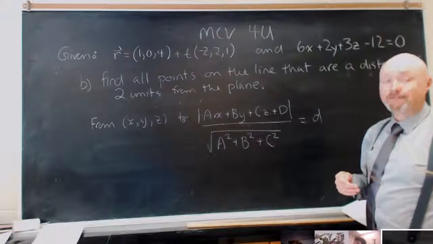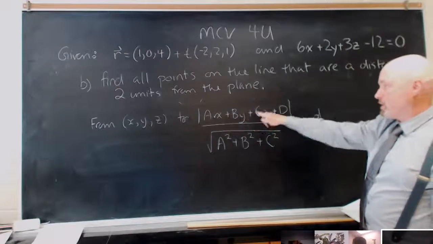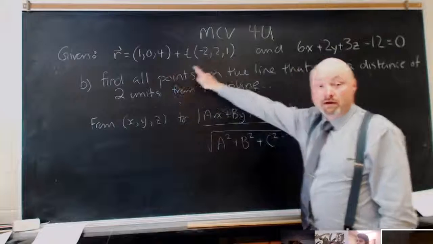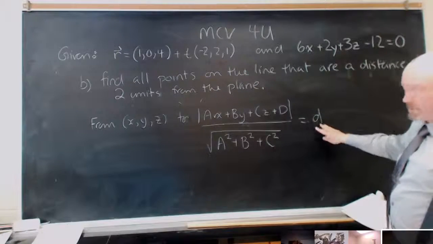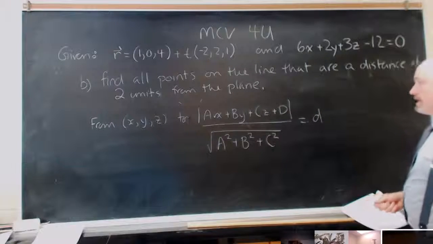So, go ahead. T. Yes. So we're going to express x, y, and z in terms of t. We're just going to express them parametrically from our line here, and then we're going to substitute a 2 in for the distance, and then we'll solve for t that way.